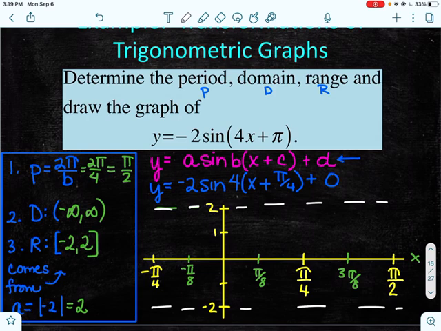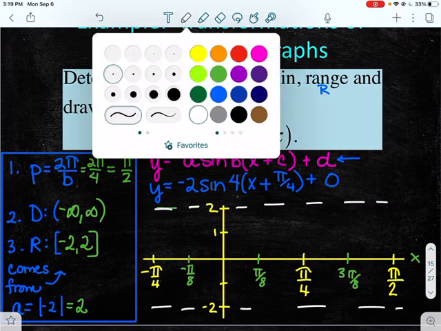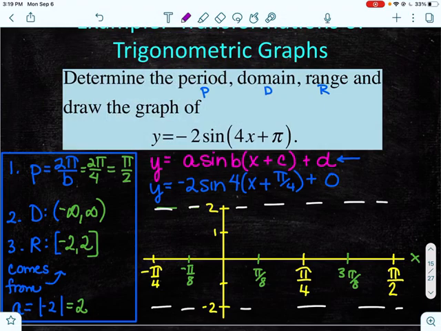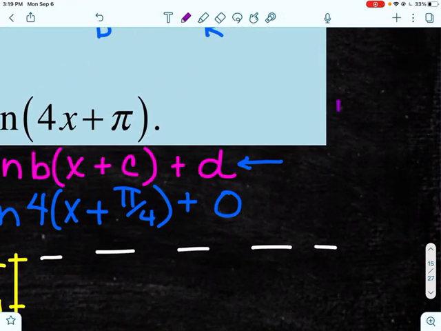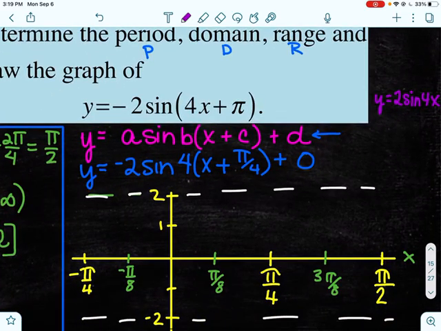Now, the first thing I'm going to do is graph the function. Let's see if I can do it in purple as a dashed line. I'm going to graph y is equal to 2 sine 4x, because the 4 has the period in it. If I put 0 in it, it should make sense that it's going to be 2 times 0, right? And this is going to be a dashed line. The period is pi over 2, so by the time I get to pi over 2, I should be back at 0.